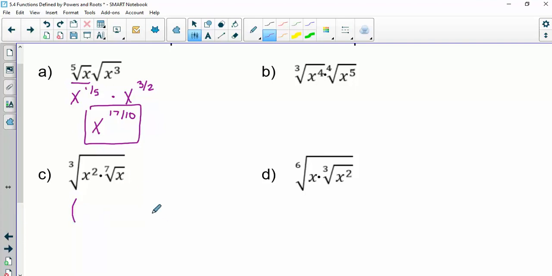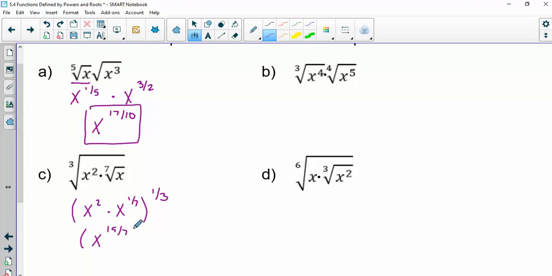Okay, this whole thing is under a cube root. So what power is a cube root? 1/3. Then underneath this we have an x squared times the 7th root of x. How would I write that? So inside my parentheses, if you're multiplying, what do you do with those exponents? So 2 plus 1/7.